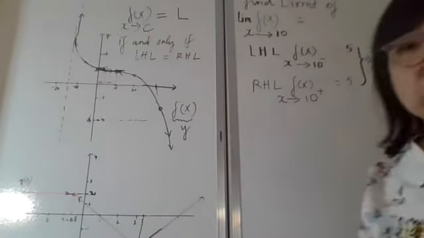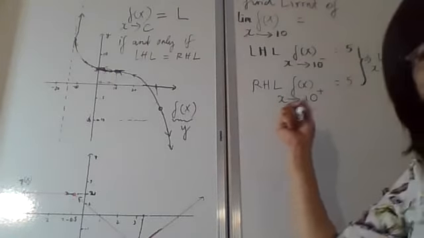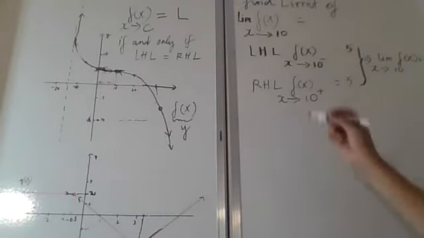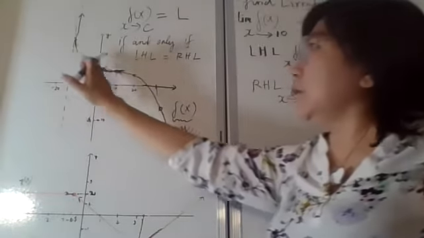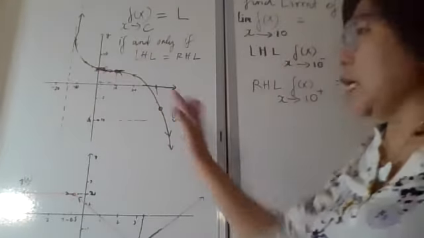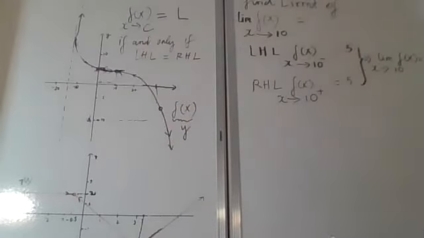And that's how we prove the limit exists, because to look at whether or not the limit exists, you have to look at the limit from the left-hand side of the function to that point and the right-hand side of the function to that point. And if they are equal, you say, therefore, its limit when x approaches 10 equals 5.